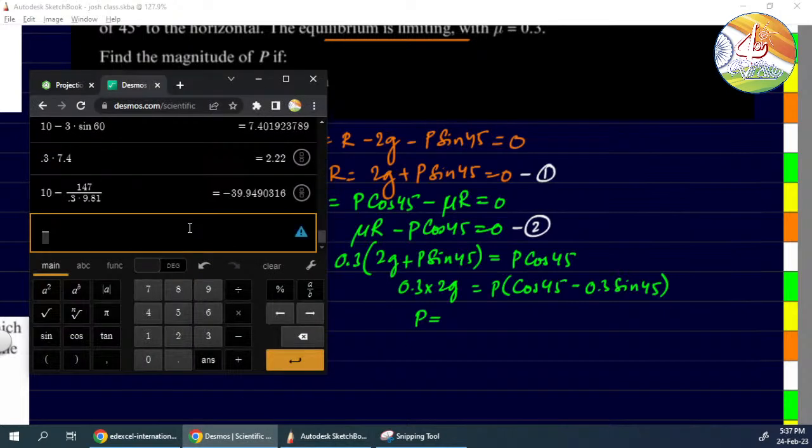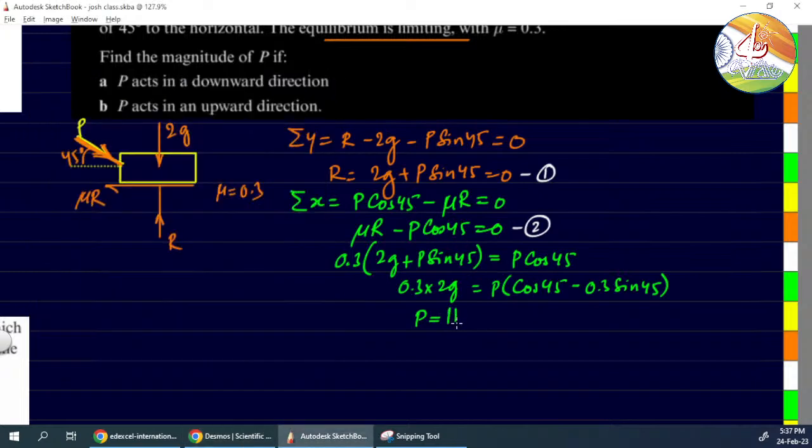P will be 0.3 into 2 into 9.81 divided by cos 45 minus 0.3 into sin 45, which is 11.89 N. So the P value we got. Substitute this back in R to get its value.